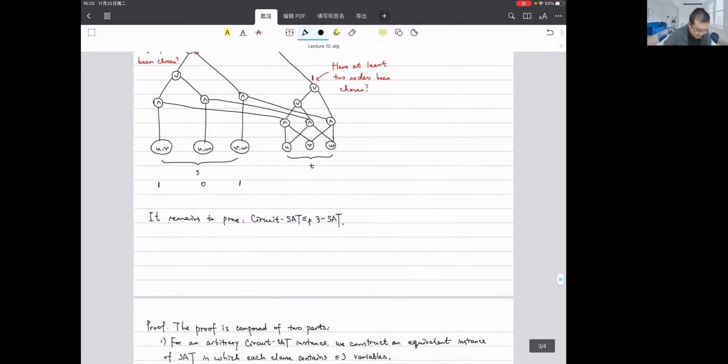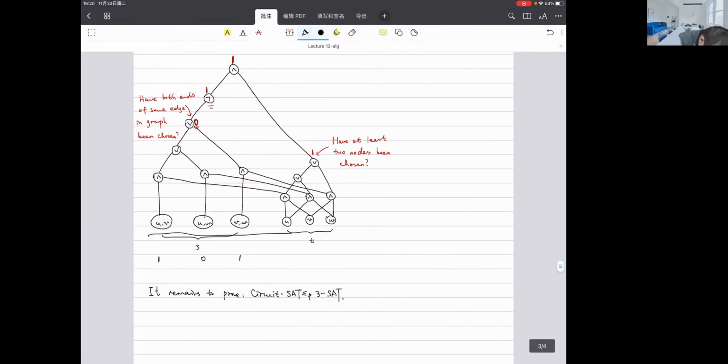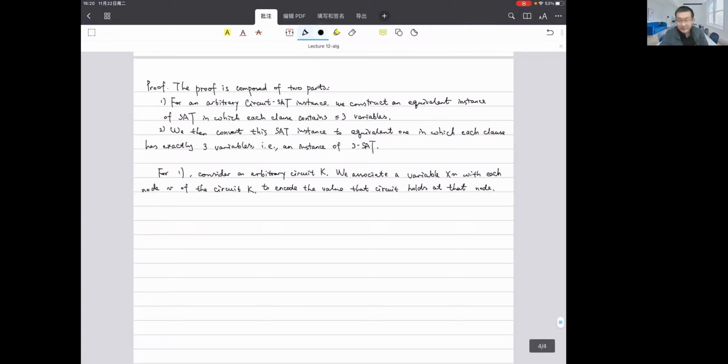So we have all these nodes. This is not only about the nodes at the very bottom, the input nodes, but for all of the nodes here, we are going to store a corresponding value xv to represent the value that the circuit holds at that place. This is an important idea: having these variables, we are going to make them the variables in a SAT problem, not a circuit set problem, but in a three-set problem and this kind of thing.